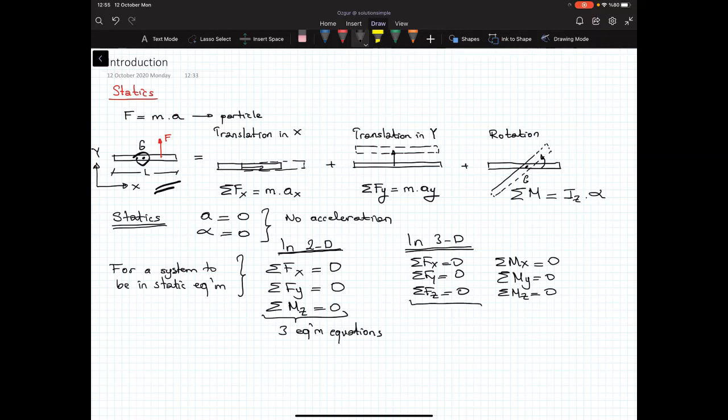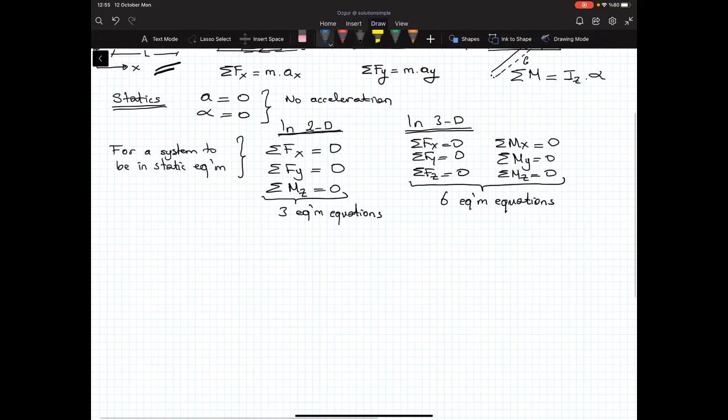And in 3 dimensions, we have 6 equilibrium equations. And if you think about it, in statics, this is what we do. We had 3 equations and we tried to analyze different types of structures. So now let's take a simply supported beam.